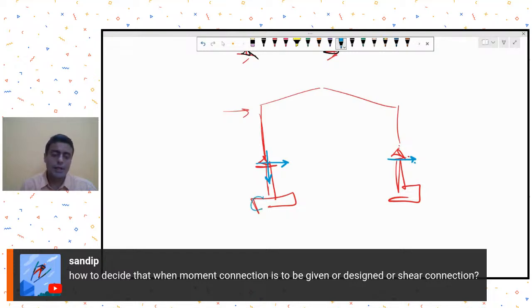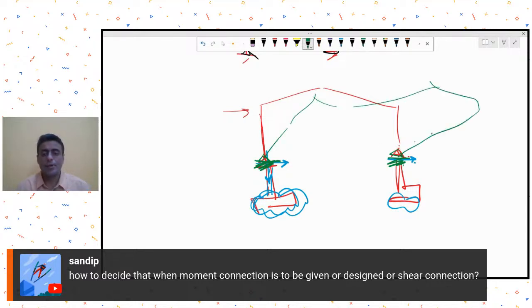So I can end up having a lighter substructure if this was a pinned condition. But if it was a fixed condition, a lot of end moments will be generated, and then my footing has to be designed for it. So suppose I was making my shed on a weak strata, maybe I could choose a pin connection over here. But then if I provide pin connections, lateral sway is a problem. So then I need to be careful about that also. So it's a decision that depends on a lot of aspects, and it cannot be a one line answer.